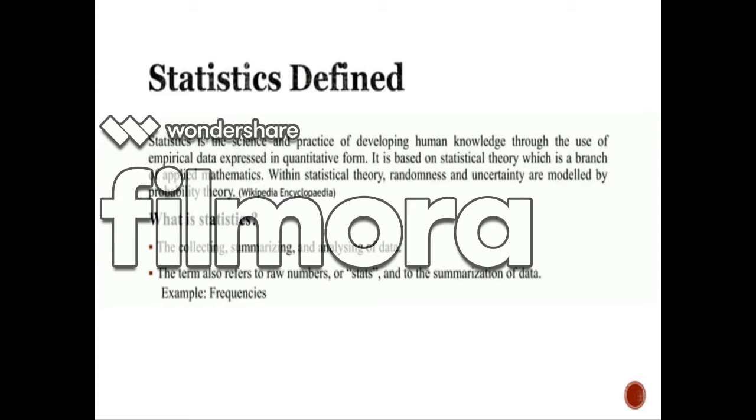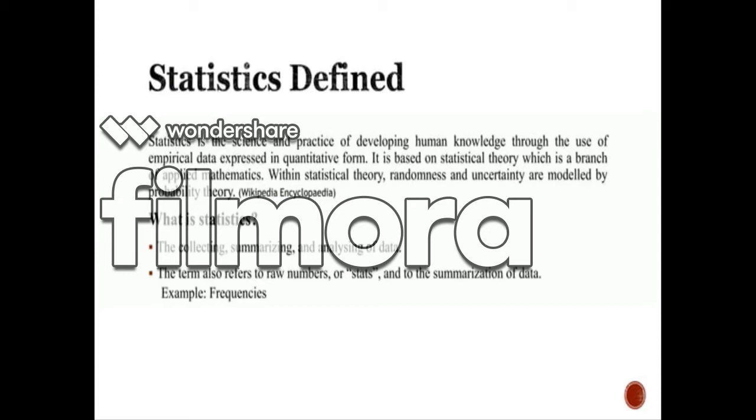Statistics defined. Statistics is the science and practice of developing human knowledge through the use of empirical data expressed in quantitative form. It is based on statistical theory, which is the branch of applied mathematics. Within statistical theory, randomness and uncertainty are modeled by probability theory.